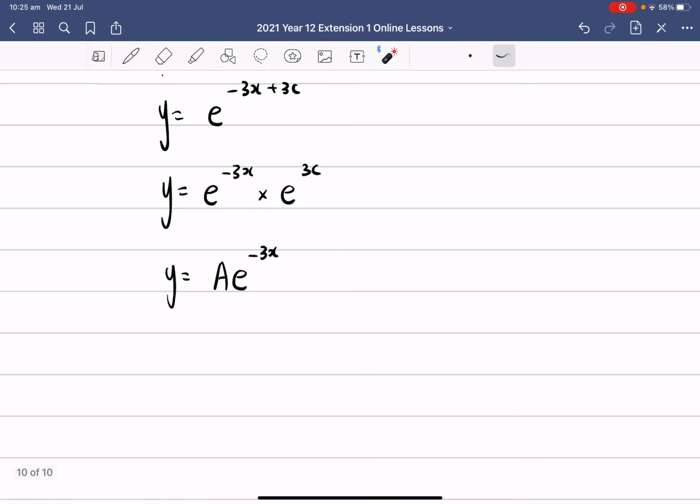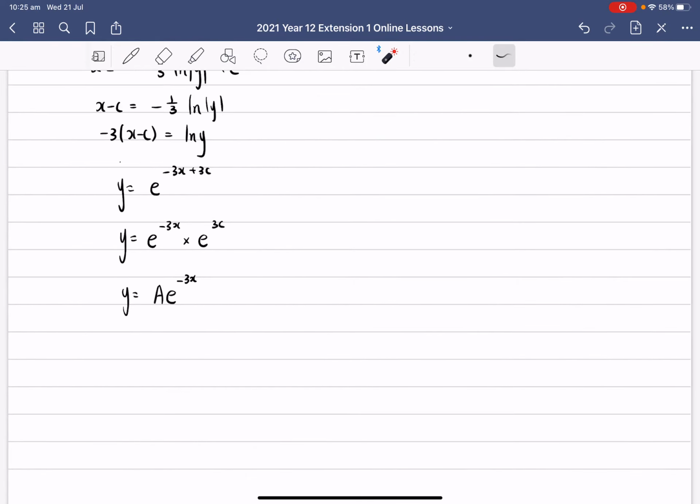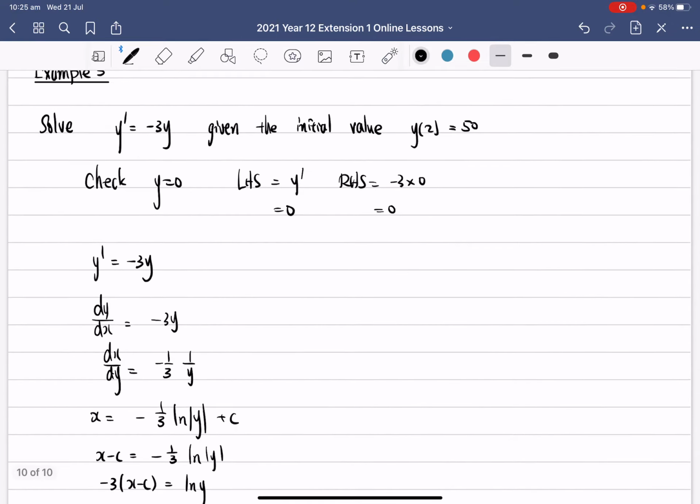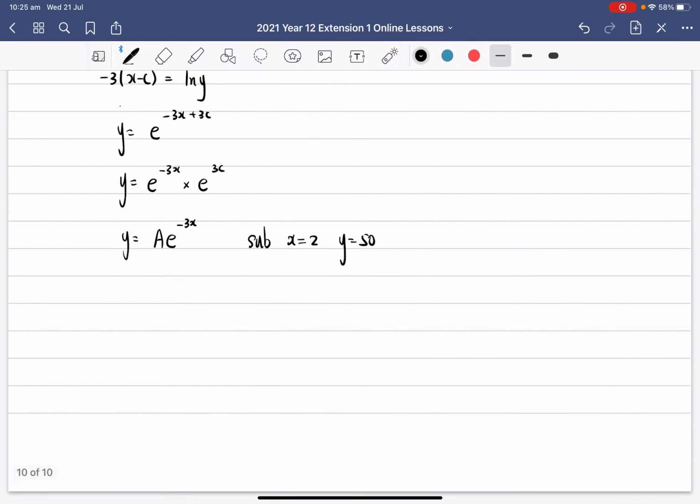From here you can start to substitute the values and find the constant a this time. So sub x equals 2, y equals 50, based on the conditions we have here, then we should be able to find a. So 50 is equal to a e to the power of minus 6.